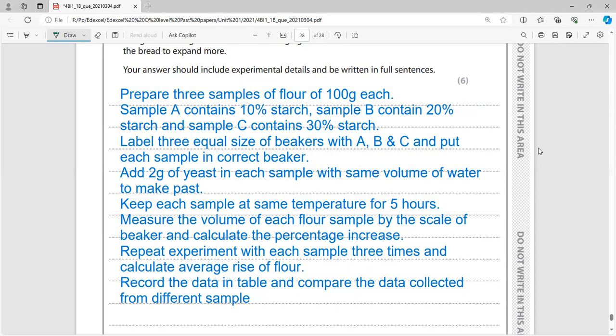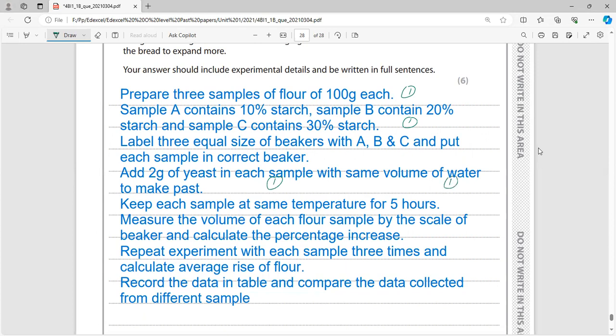For example, here you can easily secure marks: the samples, that's our variable, 1 mark is here. And this variable sample explaining method, that's our 2nd mark. Further, you use a constant amount of yeast here. That's the 3rd mark. Same volume of water, there's the 4th mark.